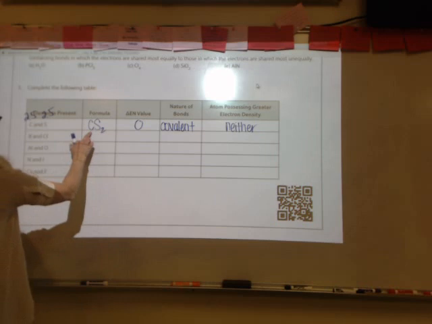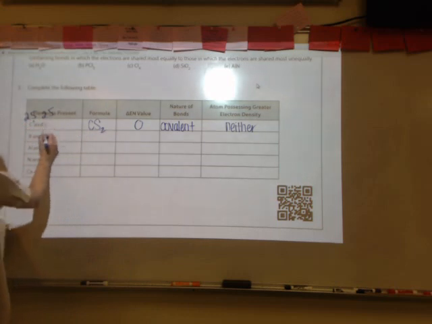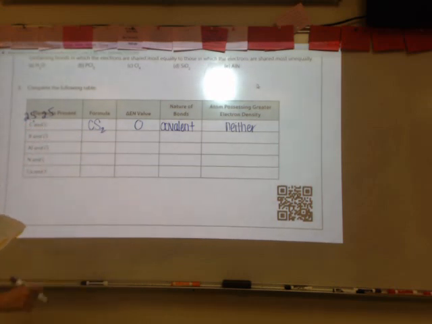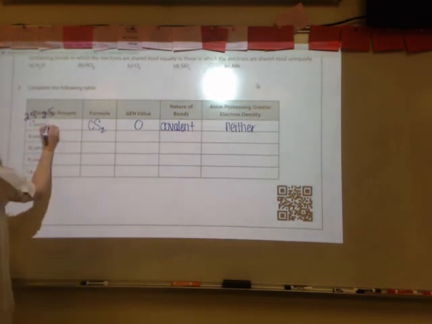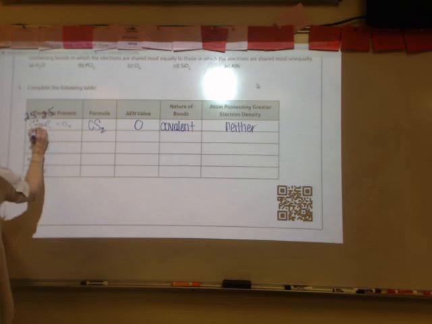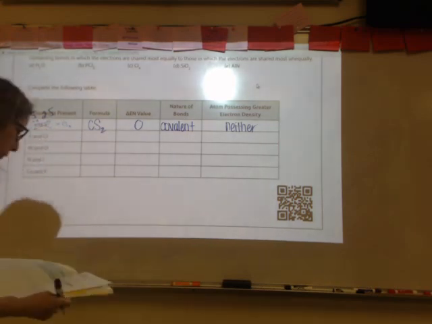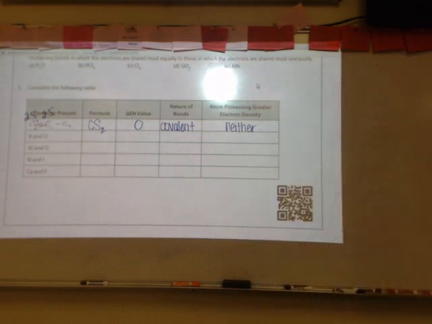And if you're wondering how I got that formula, you need 4 more electrons to make carbon happy, and sulfur has 6, so it needs 2. So if you simplify these into 1 and 2, that's how I get the CS2 when I cross them over, okay?